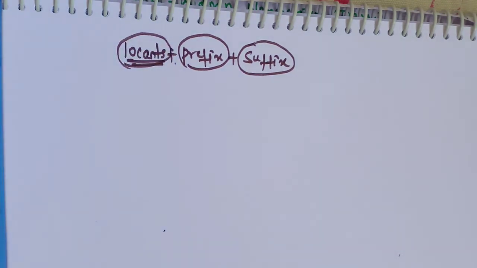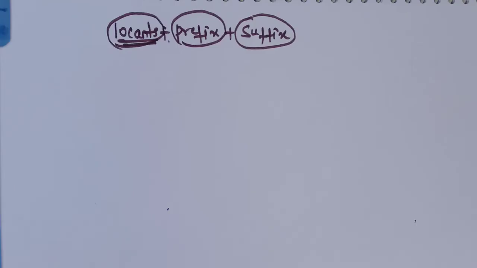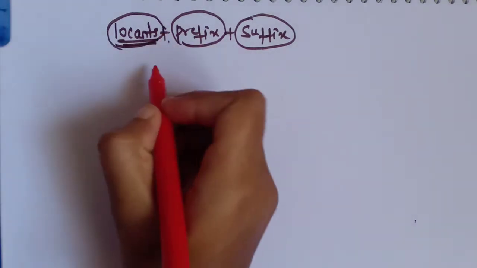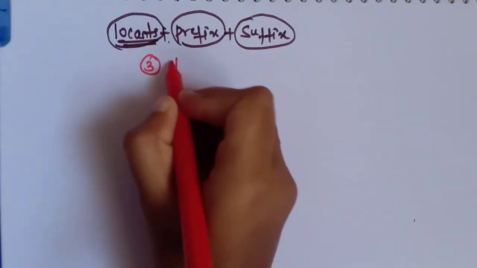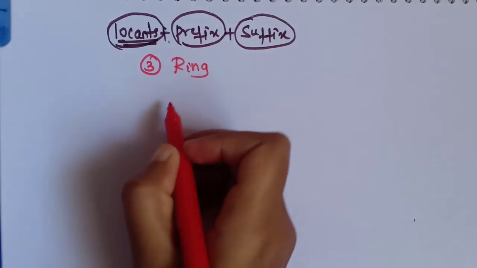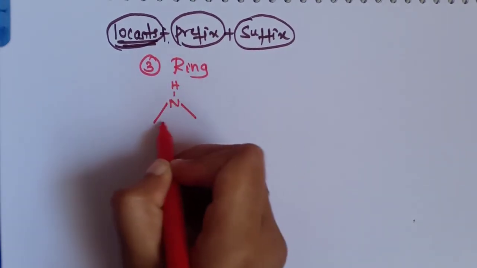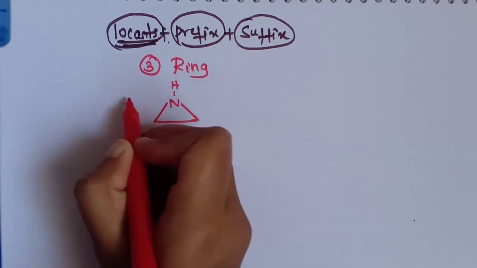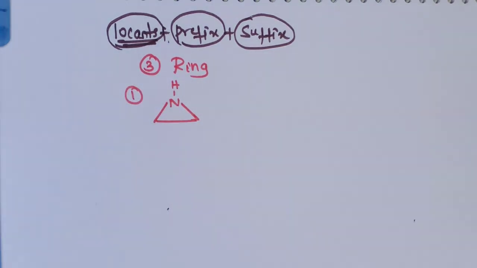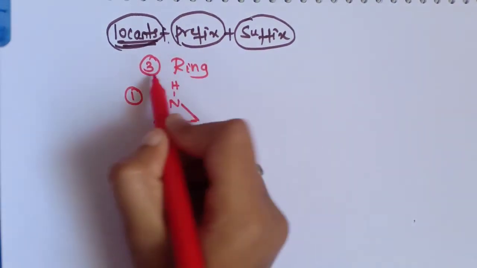Now let's start with the nomenclature. Let's start with the 3-membered ring. Let's take an example like this. We have taken the 3-membered ring.